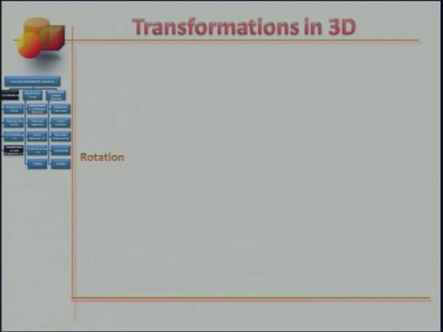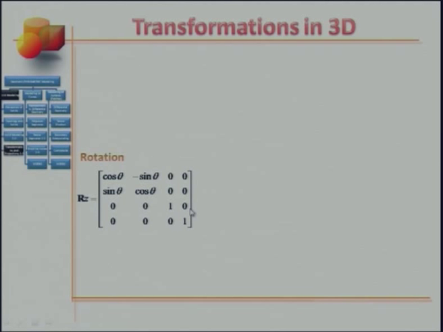Rotation in 3 dimensions. Let's first try to figure the rotation matrix if we are trying to rotate an object about the z axis. This is a 4 by 4 matrix with entries cosine of theta, minus sine of theta, 0, 0, sine of theta, cosine of theta, 0, 0, 0, 0, 1, 0 and 0, 0, 0, 1.